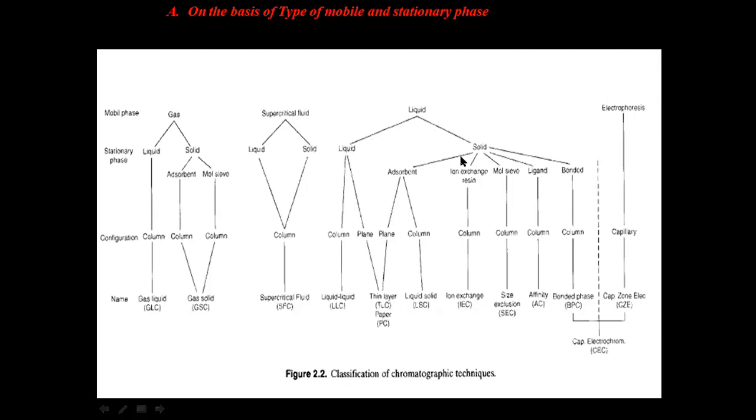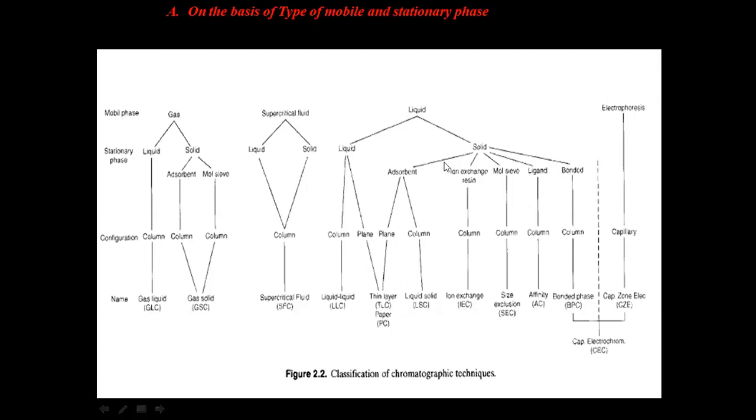Then you have a solid stationary phase. Now, if you have a solid stationary phase, its property can be that it works as an adsorbent, as an ion exchange resin, as a molecular sieve, as a ligand, or as a bonded phase.